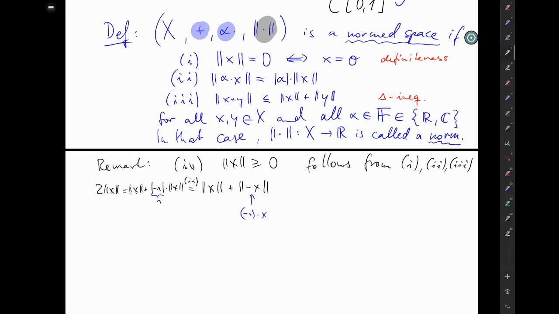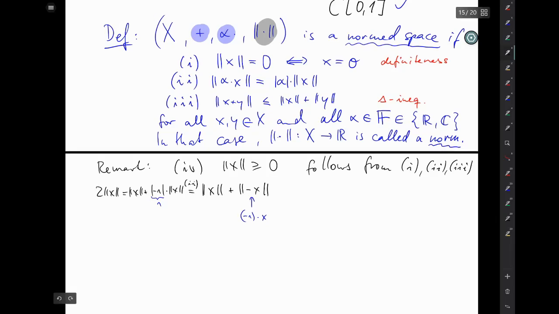But on the other hand, we have by the triangle inequality, property 3, that this is greater than or equal to the norm of x plus minus x, all inside the norm brackets, where of course x and minus x cancel each other and give you the 0 element. Now that must be the norm of the 0 element, and by property 1 that is just 0.